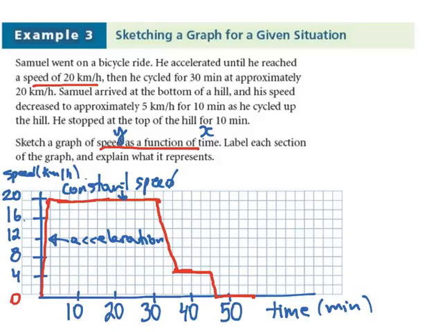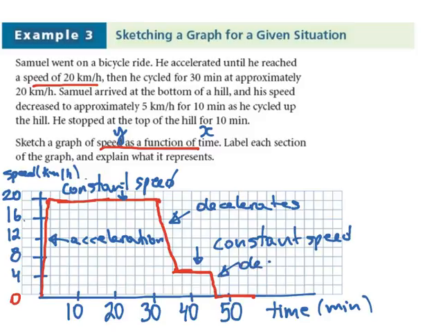Then he decreased his speed, or decelerates. The flat one is that he's again at constant speed. He again decelerates. And then the last part, he has stopped.